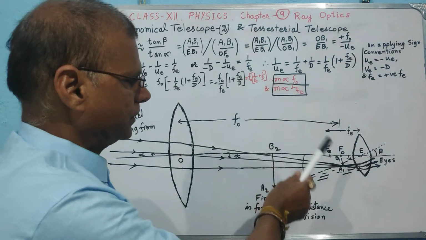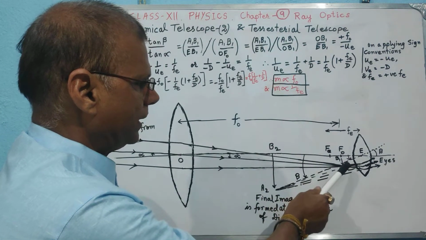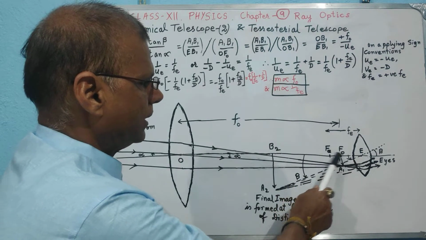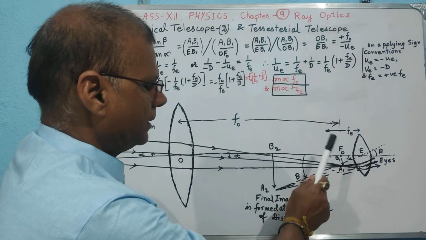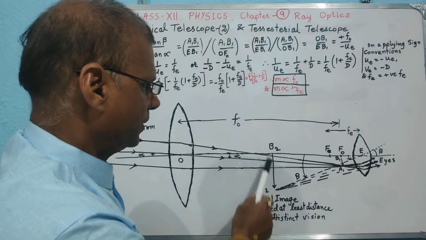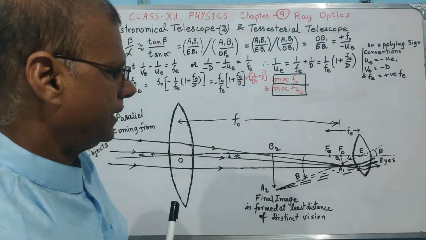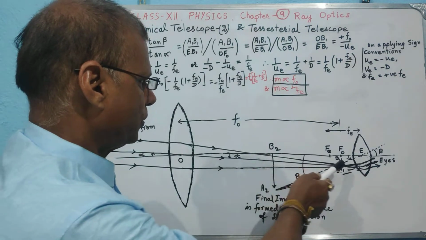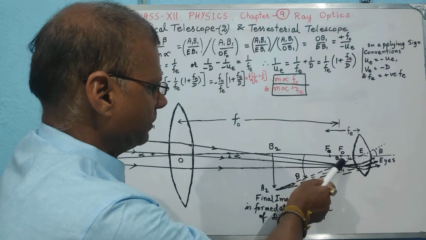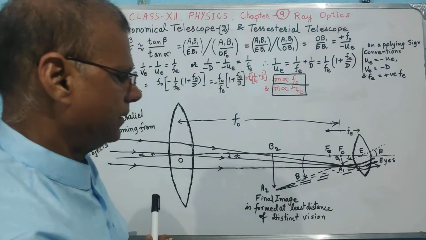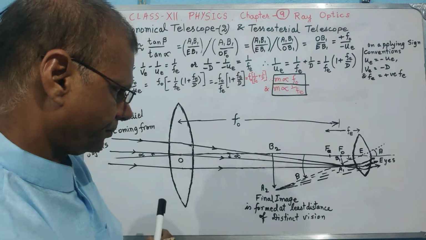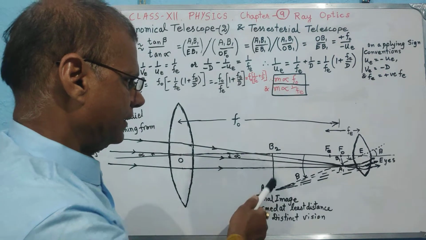Now, since this image is located at a point which is less than the focal length of the eyepiece, the final image will be inverted with respect to the original object, erect with respect to the image A1B1, and virtual.